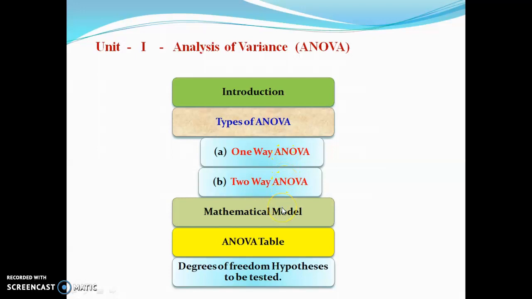Then the mathematical formulation or mathematical model of one-way and two-way ANOVA, as well as the ANOVA table, one-way and two-way, and lastly degrees of freedom and hypotheses to be tested. So these are the contents of unit first. These points we will discuss one by one.